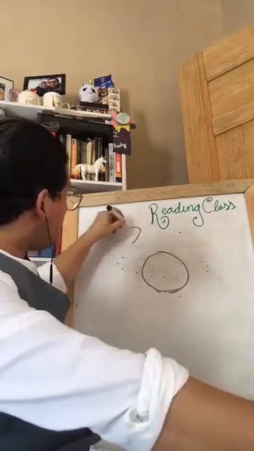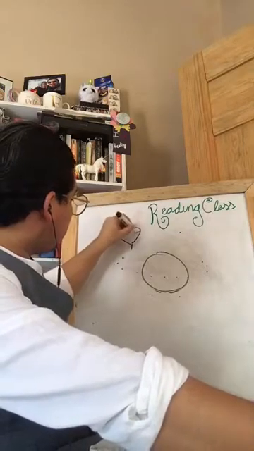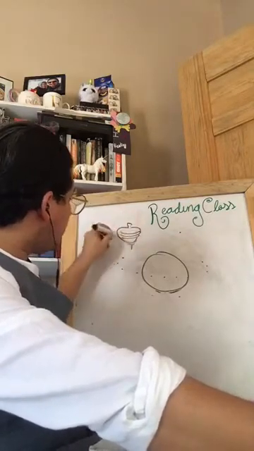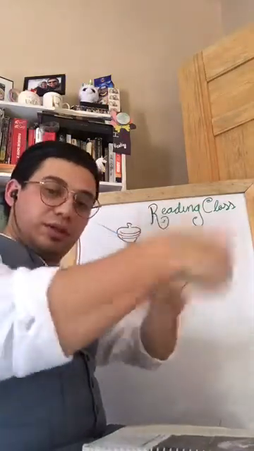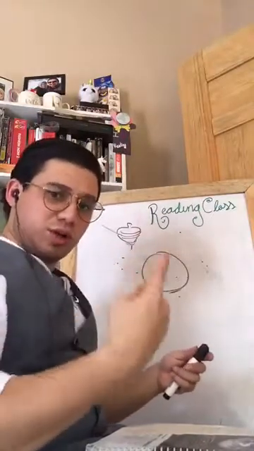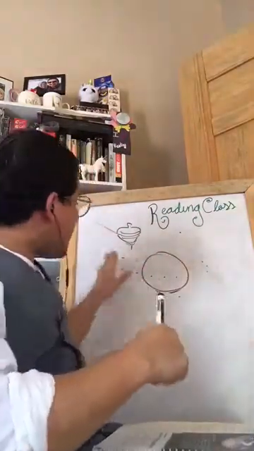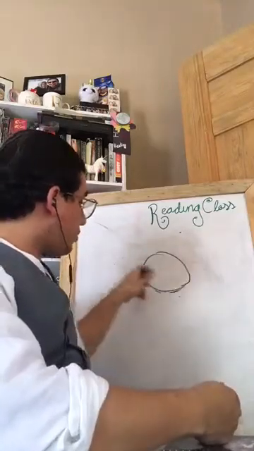Now, have you seen a top? When you put some string around it and you pull, it goes around. You just wrap the top with it and you just throw it and it goes around. Now, in this case, planet Earth possesses something called an axis.